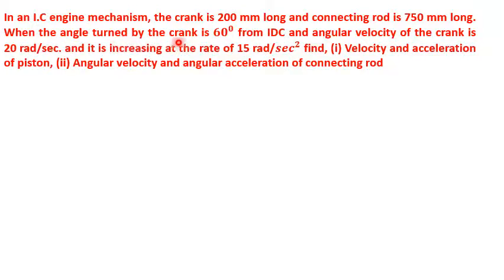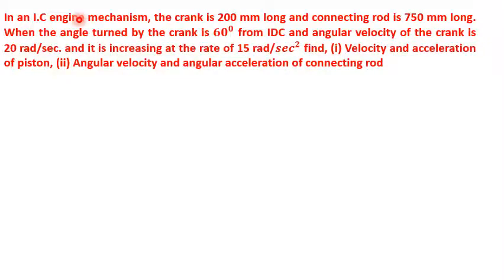When the angle turned by the crank is 60 degree from IDC, this is nothing but theta, angular velocity of the crank is 20 radians per second, that is omega value is given, and it is increasing at the rate of 15 radians per second square. Acceleration is given. Find, first one is velocity and acceleration of piston. Next one is angular velocity and angular acceleration of connecting rod.